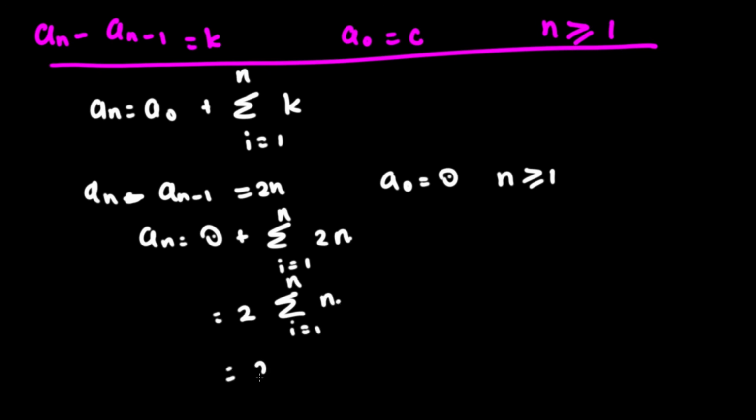Then we can write this one as 2 times n times n plus 1 divided by 2, that's equivalent to n times n plus 1.